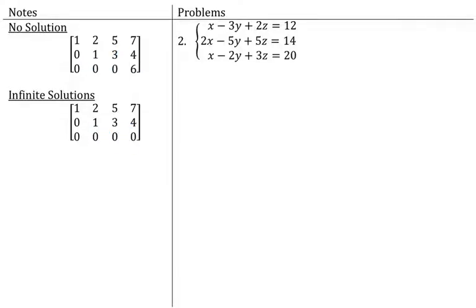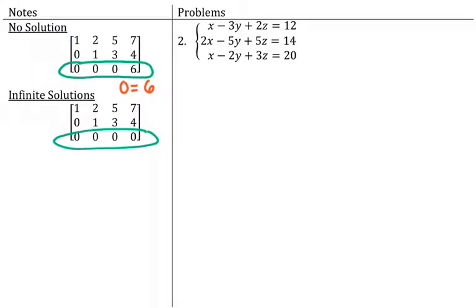In both of these examples, it's in that bottom row, because you'll notice that that's where the difference is. This one's a no solution because it says that 0 of all these terms is equal to 6. So 0x plus 0y plus 0z is equal to 6, giving you the error of 0 is equal to 6, which is why it's a no solution problem.